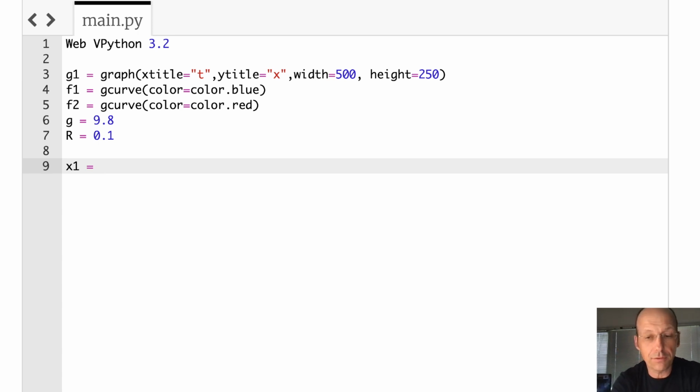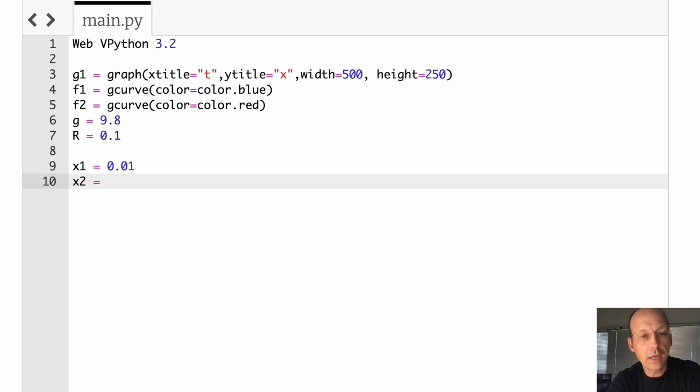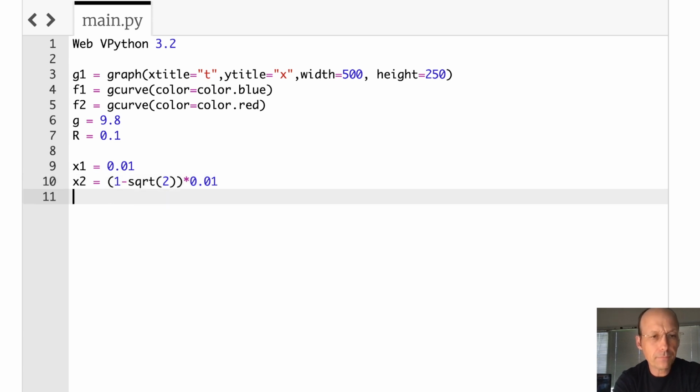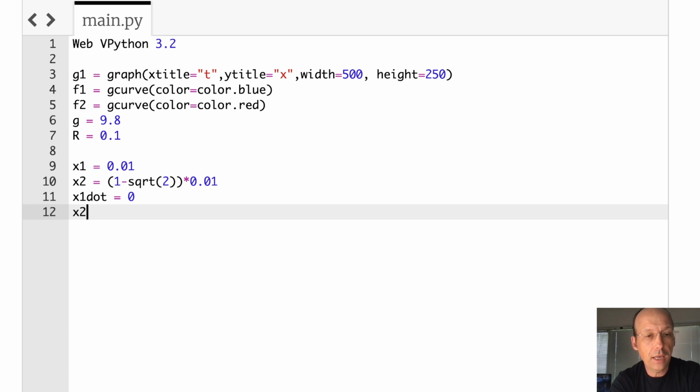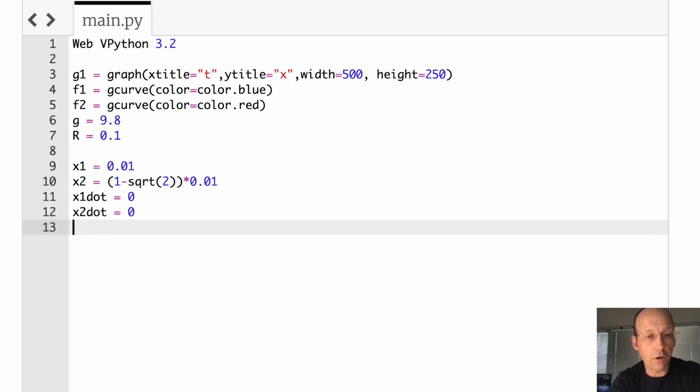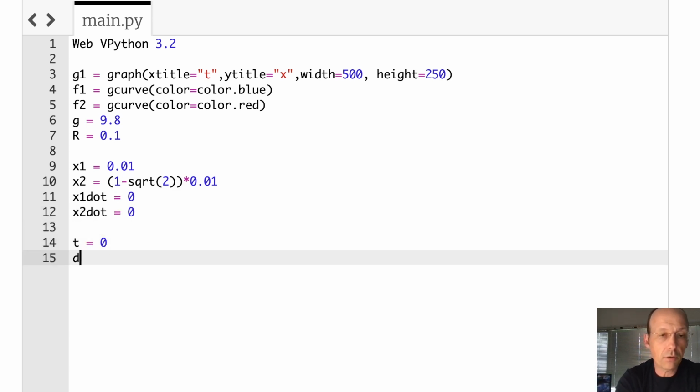Let's say x1 is 0.01. x2 is, let's just say, 1 minus the square root of 2, so it's 1 minus the square root of 2 times 0.01. But I'm going to release them from rest. x1 dot equals 0, x2 dot equals 0, t equals 0, dt equals 0.01.